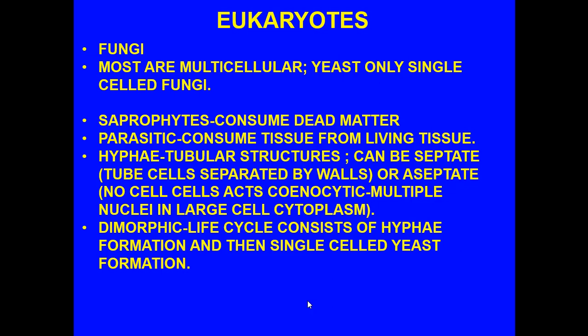Also, we have the concept of dimorphism, or dimorphic, this is a life cycle that consists of hyphae formation, then single-celled yeast formation. And this depends on what the conditions of the environment are for the fungi.